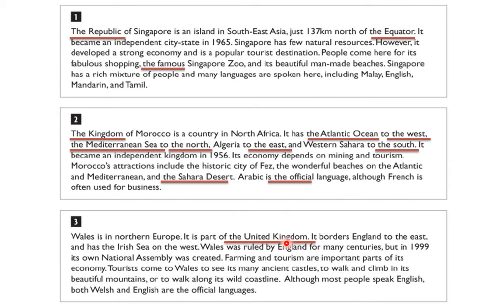The United Kingdom is a group, or union, of four kingdoms, which are England, Scotland, Ireland, and Wales. So their name will be the United Kingdom. The same with the United States of America.